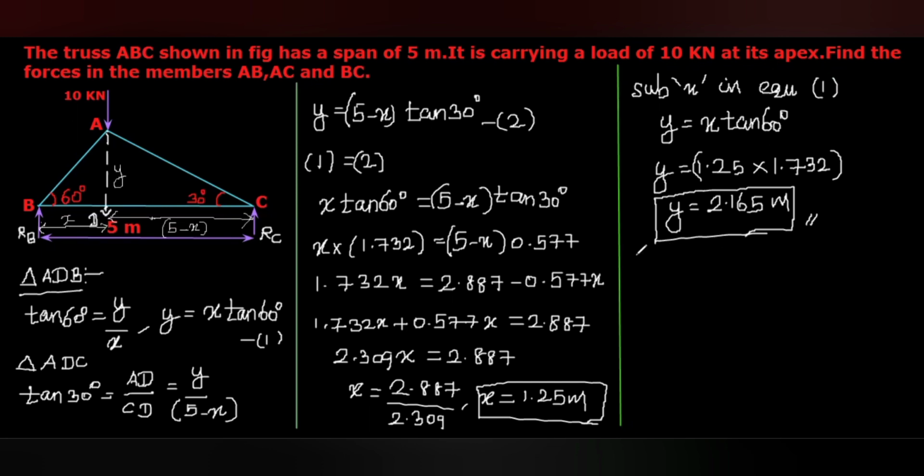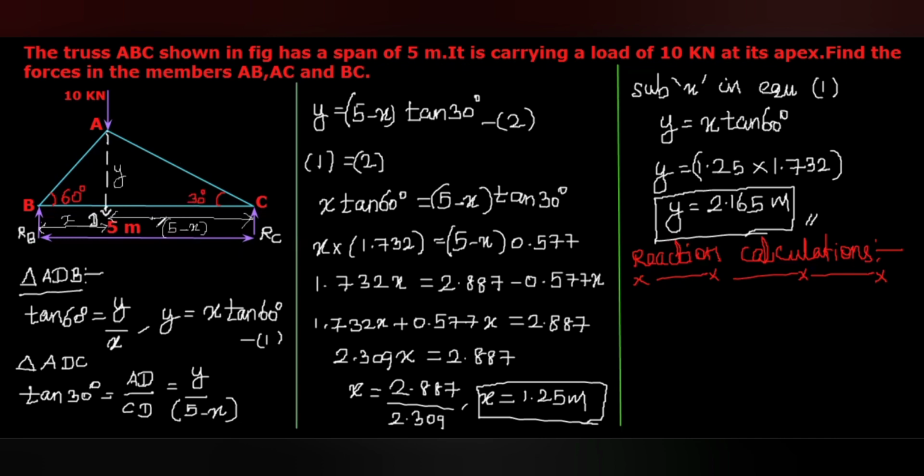Reaction calculations. So here, this truss has 3 point loads, 10 kilonewton at A, B and C, and the assumption is that with this loading the truss should be in equilibrium.